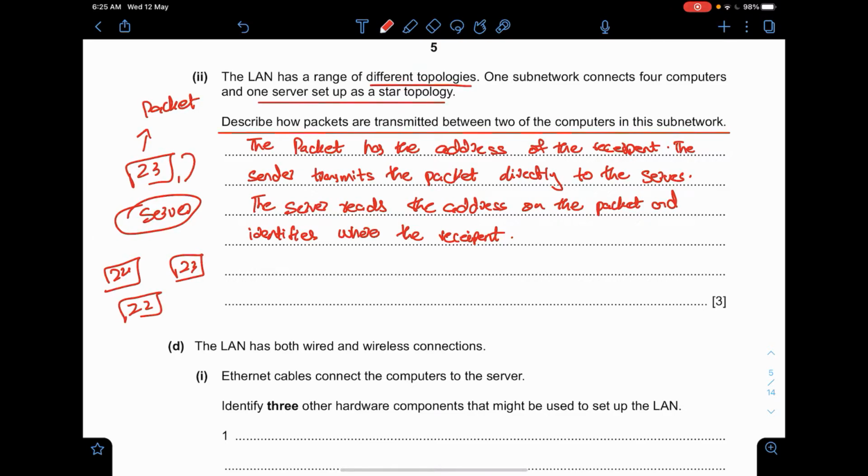When your packet is transmitted to the server, it figures out where the recipient is and transmits it to 23, not 22. That is how it gives your data to the correct computer, and transfers the packet directly to them. This is for 3 marks.